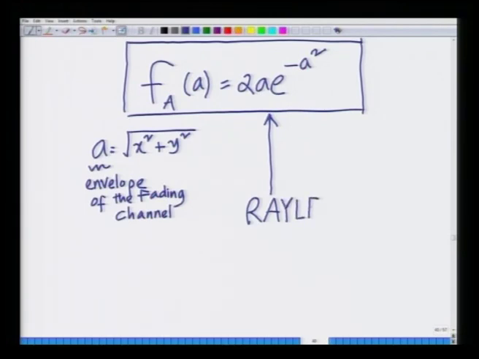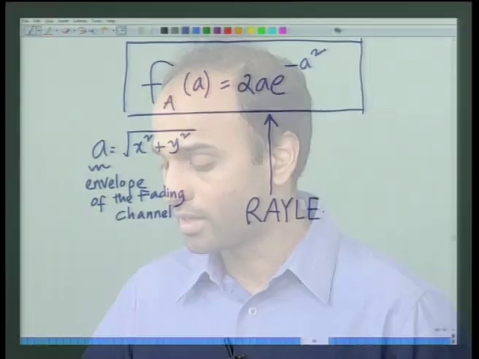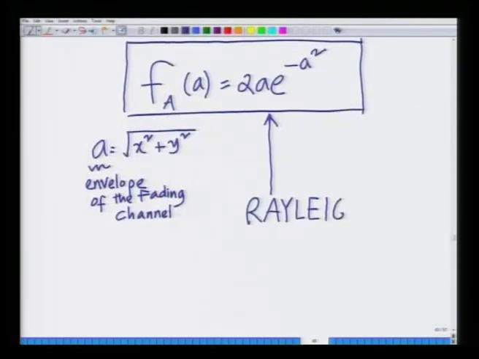I am writing this out prominently because this has a key place in all wireless communications theory. This is the standard channel model that is used in a wireless communication system, and this is known as the Rayleigh fading distribution.